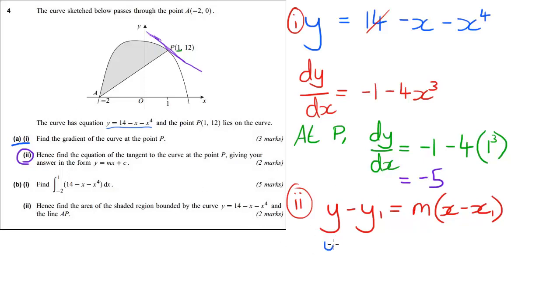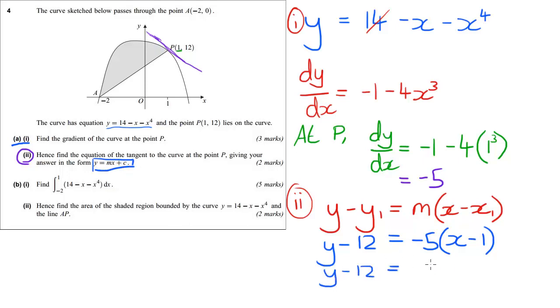So we have y minus y1, which is 12. 12 equals minus 5 amounts of x minus 1, because 1 is our x coordinate here. And then we just have to get it into this form that they want it in, so this form like that. So let's times out the brackets first. So we get y minus 12 equals minus 5x plus 5.